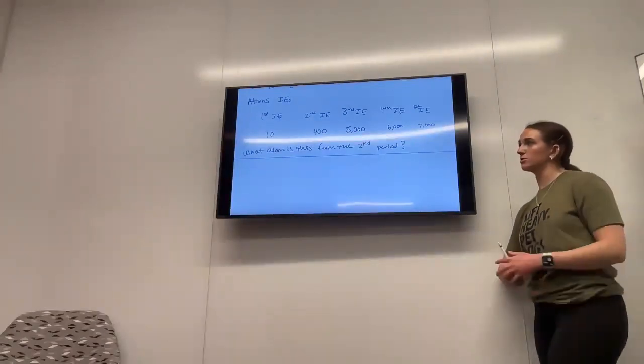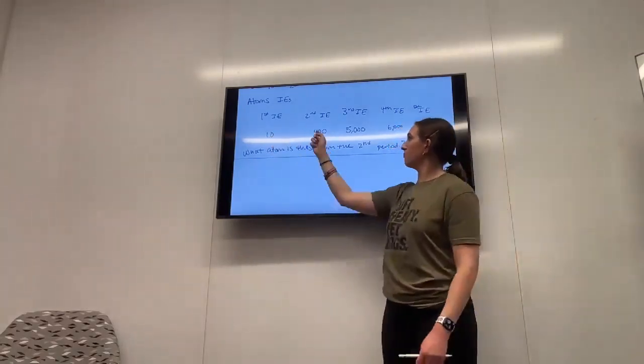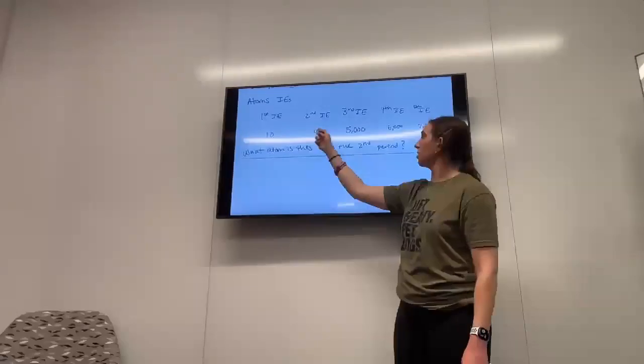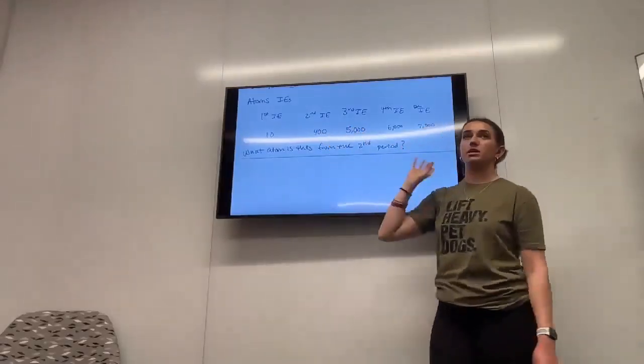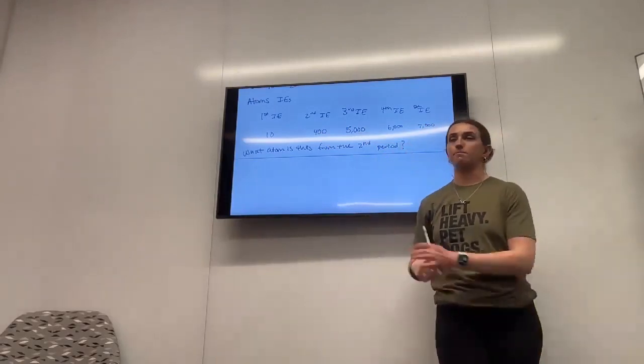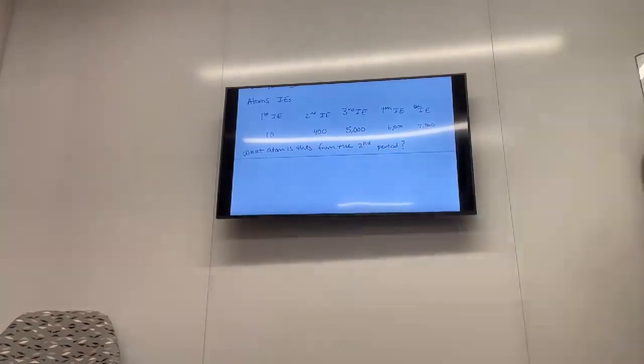So we're looking here, we're saying, okay, big jump, not crazy, right? To go from 10 to 400 is a big jump, but to go from 400 to 5,000 is a really big jump. So you're looking for the biggest jump in your ionization energy. Between the second ionization energy and the third ionization energy, this is your biggest jump, or your largest difference.